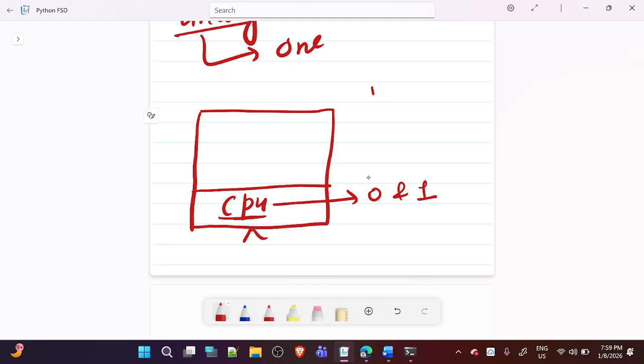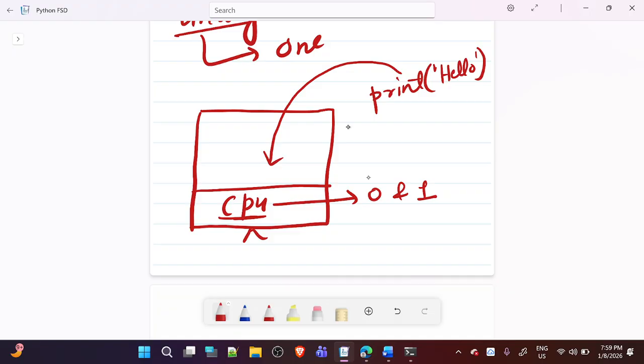Whatever we write, for example if I write here print hello, will the computer understand my statement or not?